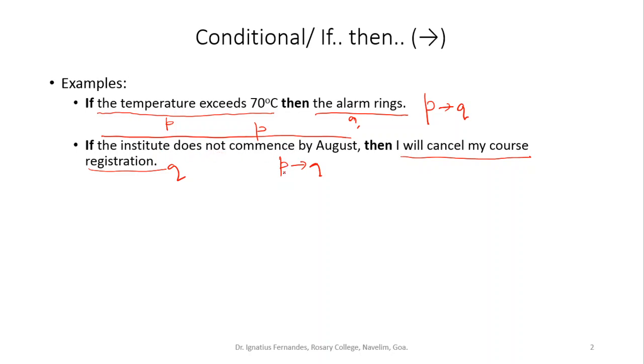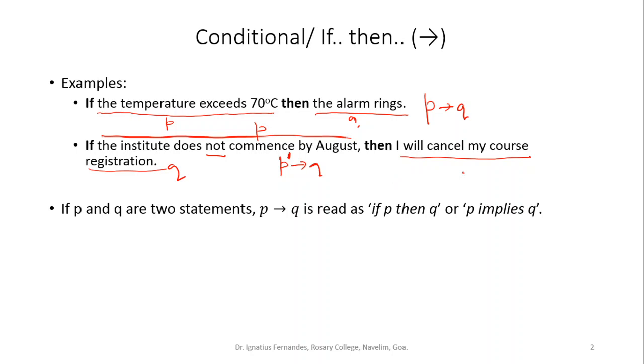So if I have to write it in the notation form, I should be writing it as P dash, because there is a not involved here. Your P is the institute does commence by August, so not P will be the institute does not commence by August. So if not P then Q.